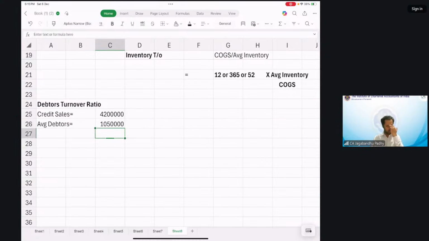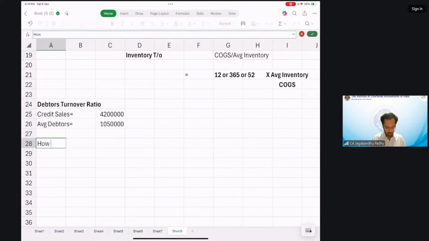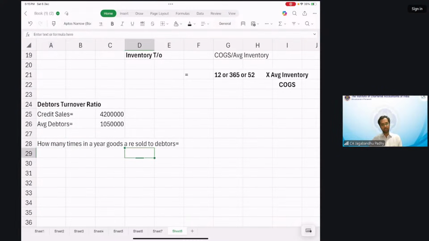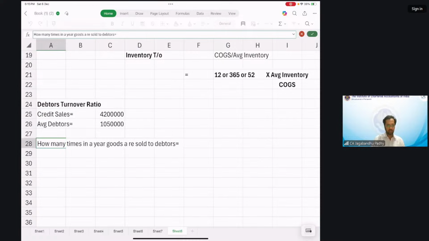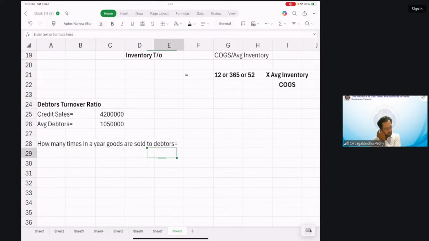So credit sales is 42 lakh. Average debtors is 10 lakh 50,000. So now my question is, how many times in a year goods are sold to debtors? So how many times in a year goods are essentially sold to debtors?